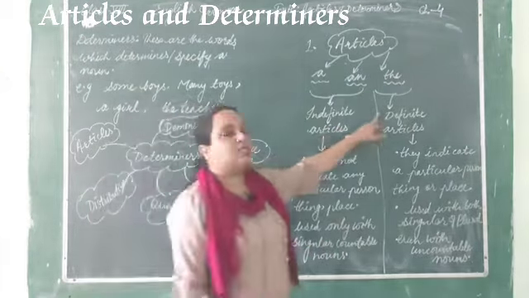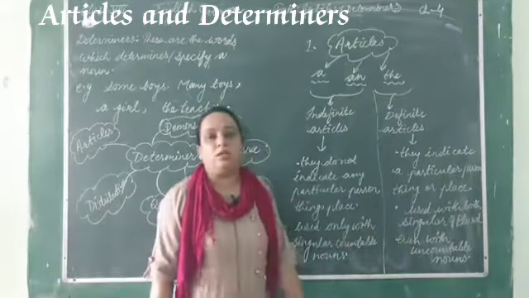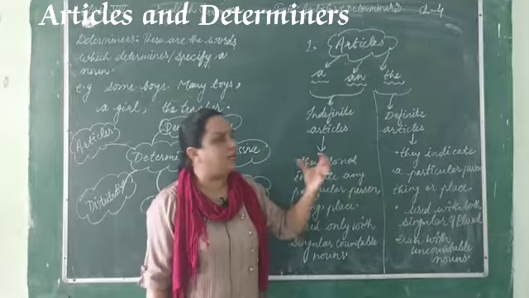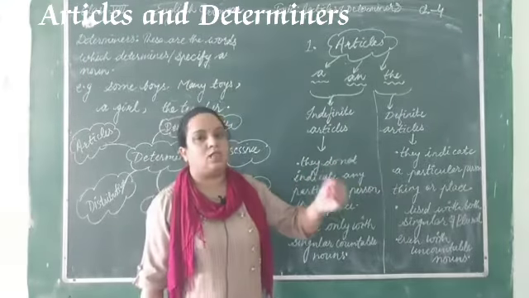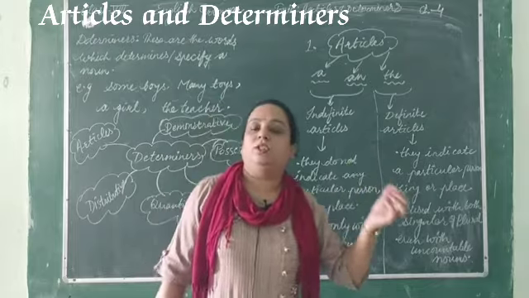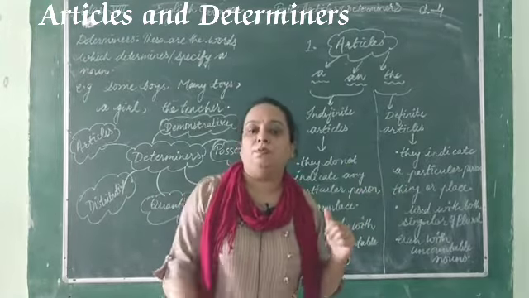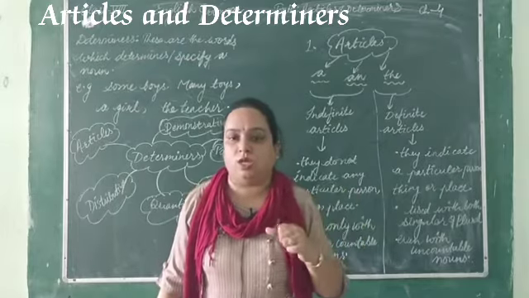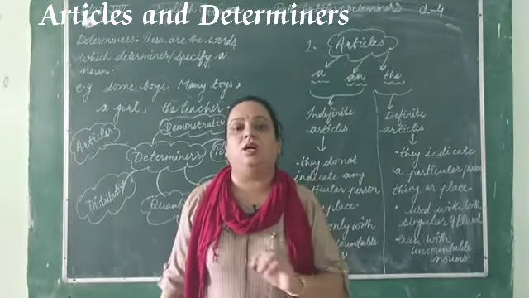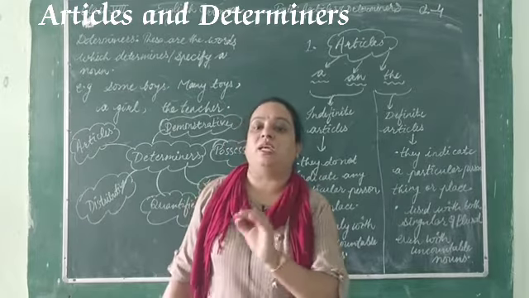When we talk about the second kind of article, that is the, what is the? Definite article, right? It is because this is used to indicate some particular persons, things or places. The most common example is that with proper nouns we have to use the. The things which become particular, with those we have to use the. Suppose I give you one example. I have purchased a book, I am saying here, and the book was very interesting.